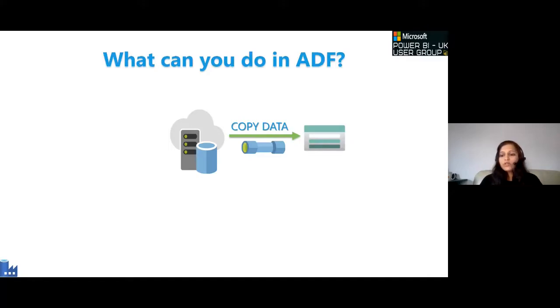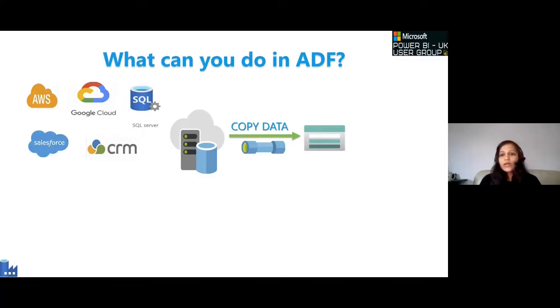So here I will show you a few data sources. For example, you can copy your data from other cloud services, for example, AWS or Google Cloud. You can move or copy your data from on-premises systems such as SQL Server or Oracle Database. You can move your data from a system like Salesforce or Dynamics CRM 365.